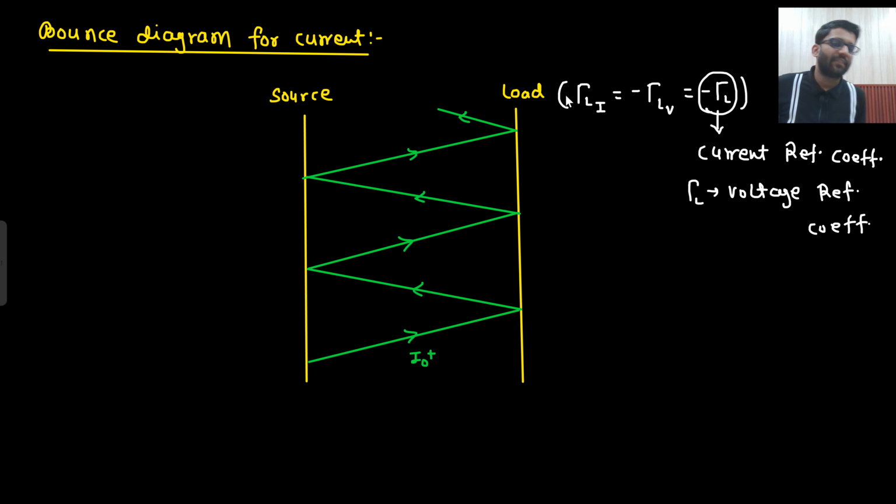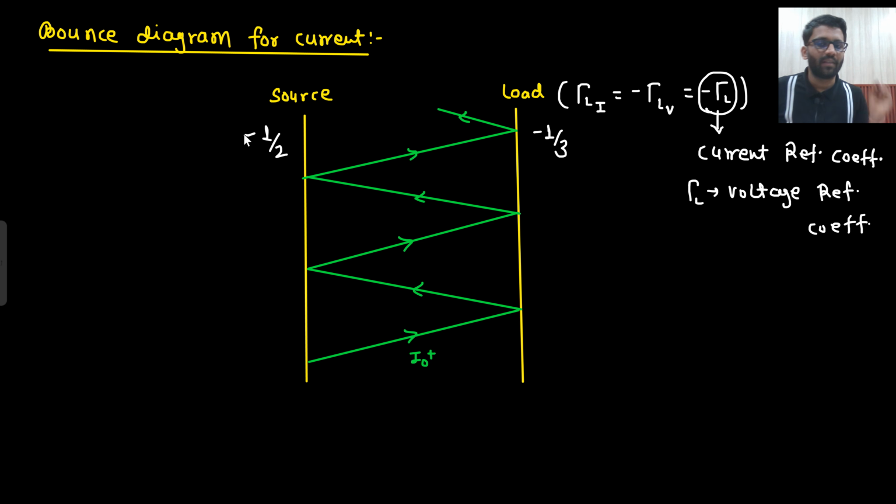So what I will do is first find the reflection coefficient and write it down here and here. Let's just say the load voltage reflection coefficient came out to be 1 by 3. So what will I write here? Minus 1 by 3. And let's say the source reflection coefficient is coming out to be 1 by 2. That means Zg minus Z naught upon Zg plus Z naught is 1 by 2.